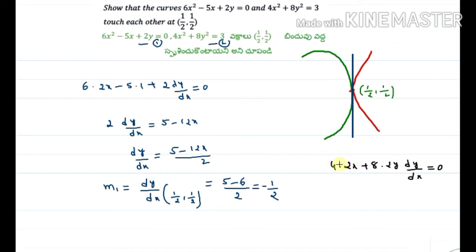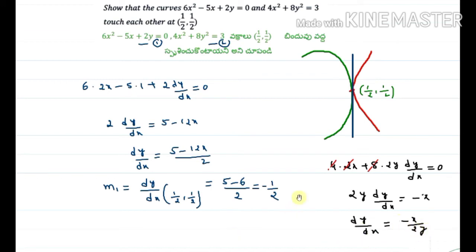Overall I can cancel 8 here. 4 into 2 is 8, 8 gets cancelled. Now 2y into dy by dx is equal to minus x, so dy by dx is equal to minus x by 2y.